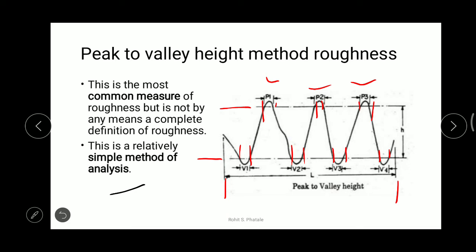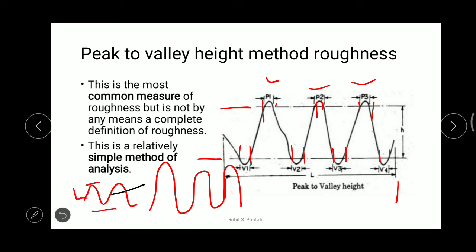If some texture is very small, like this, and another texture is like this, for these two different textures it will consider the same height h. That will be the major disadvantage of this type of method.